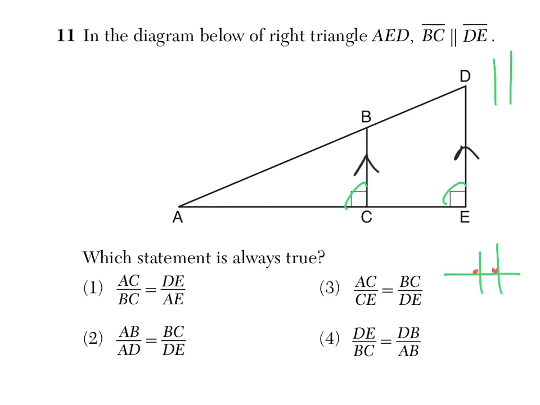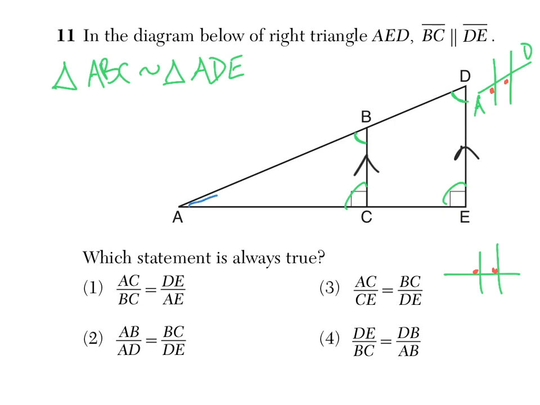Well, we've got that same set of parallel lines with the transversal cutting across from A to D, and that would indicate that this angle and this angle are corresponding, so that angle ABC and angle ADE are also congruent. We just established similarity, so we've got triangle ABC is similar to triangle ADE. Great, so now which statement is always true?